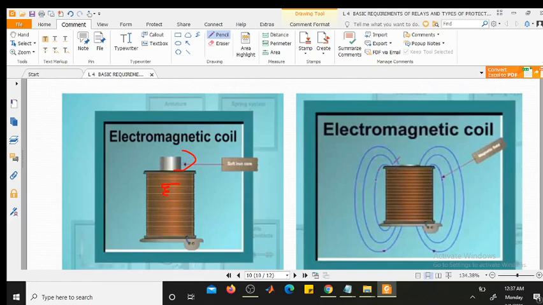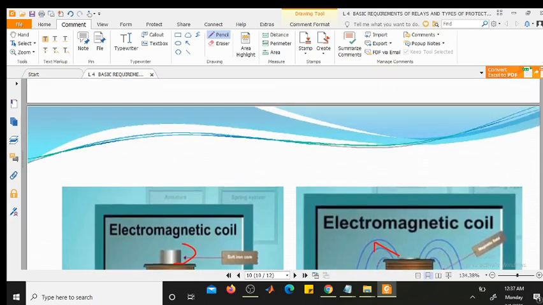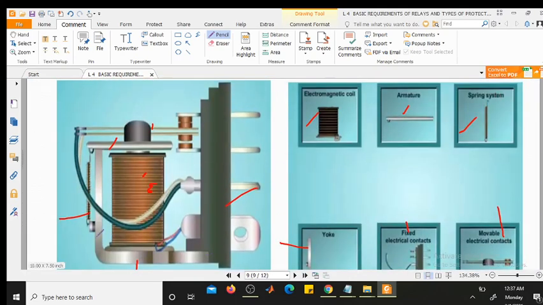If we give supply to the system, then because this soft iron core is wound with a coil, there is production of an electromagnetic field. The yoke is provided to give a reluctance path for the magnetic field produced by this coil.